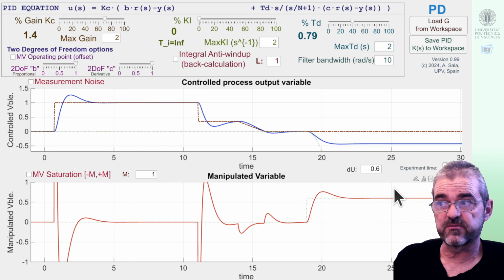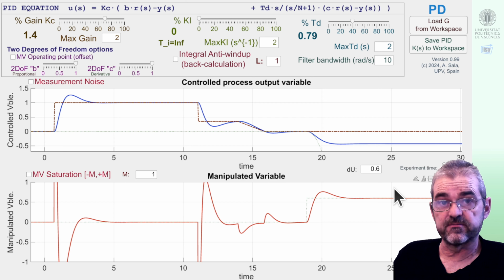So if my controller does 0.6, it means that the disturbance must have been 0.6 in the opposite sense.